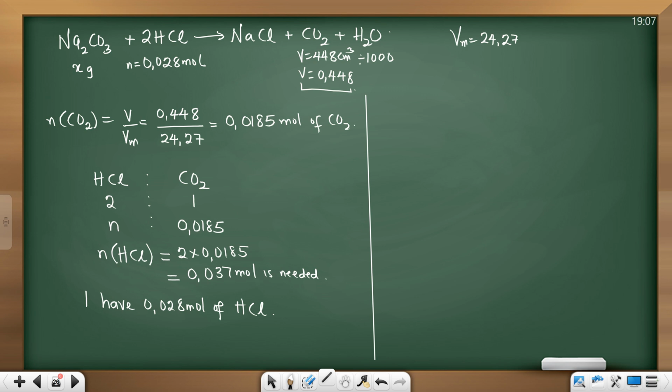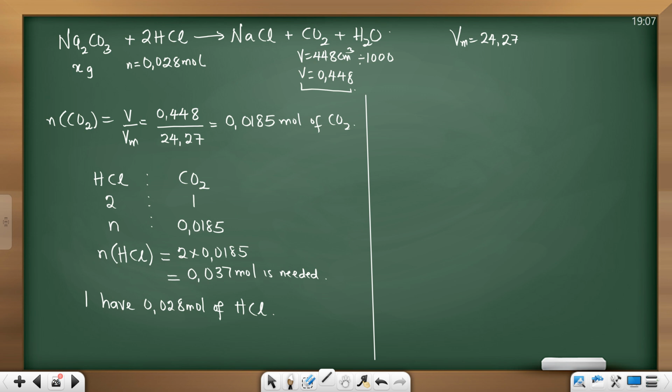But what I have for HCl is 0,028. Do you think the HCl is the limiting reagent? Do you think so? You sure? I don't think so. Why not? Because we need more.